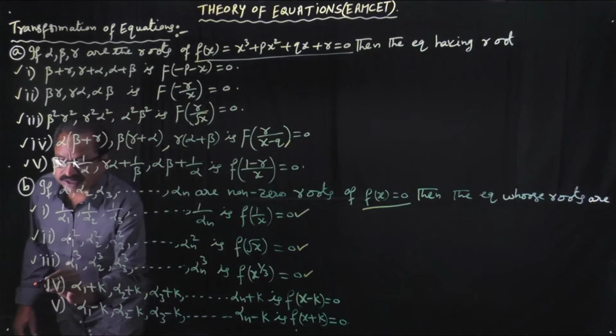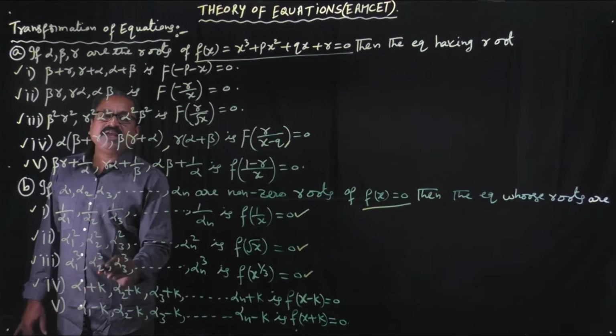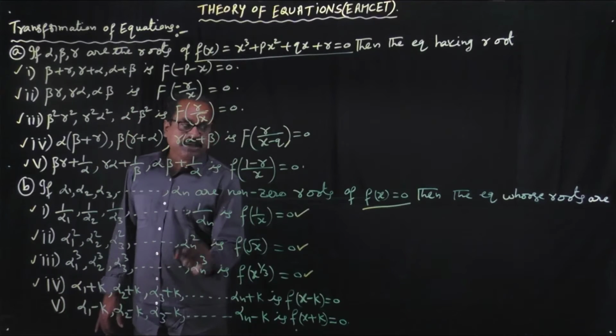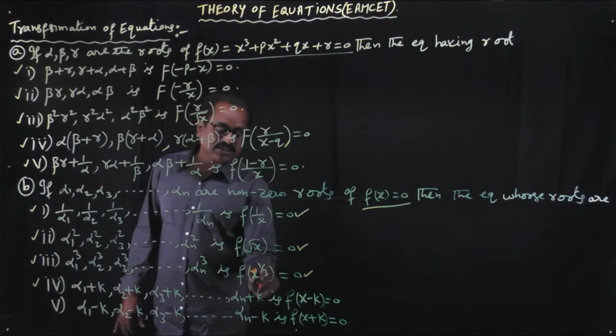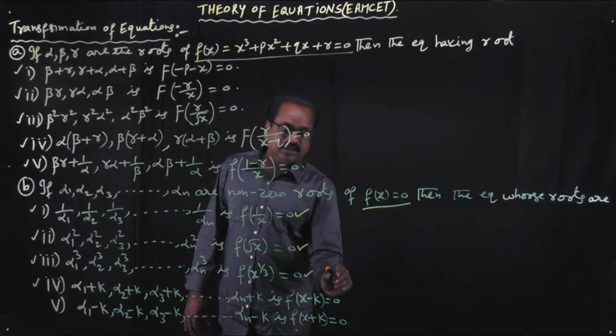Now fourth one is the roots are alpha 1 plus k, alpha 2 plus k, alpha 3 plus k and so on alpha n plus k is f of x minus k is 0.